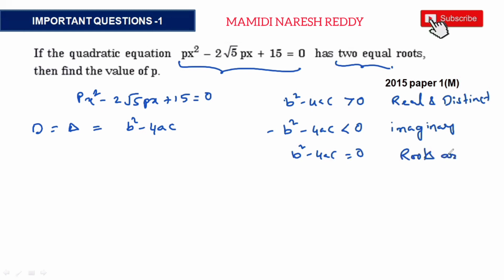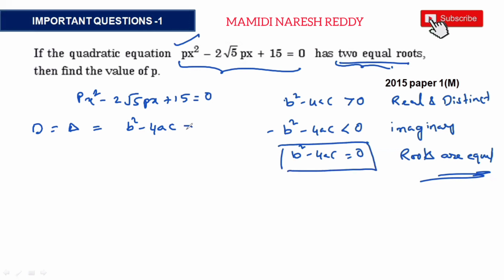So we are very perfect in this. In this question, the given quadratic equation has 2 equal roots, so its discriminant must be equal to 0. So I am writing it as equal to 0, as 2 equal roots are mentioned in the question. I hope you understood.